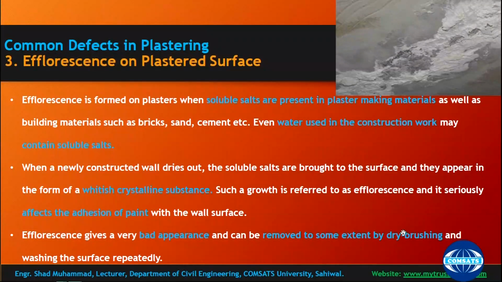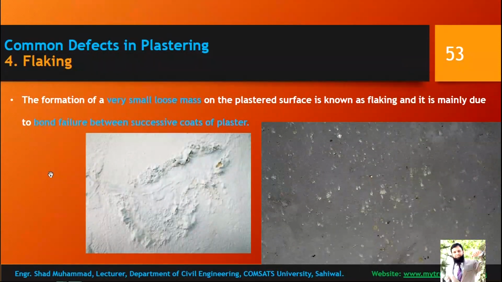With the passage of time, your whole wall will look like efflorescence. Efflorescence gives a very bad appearance and can be removed to some extent by dry brushing. You just have to carry a brush and rub it on the surface, and this will be removed, and then plaster the surface again.